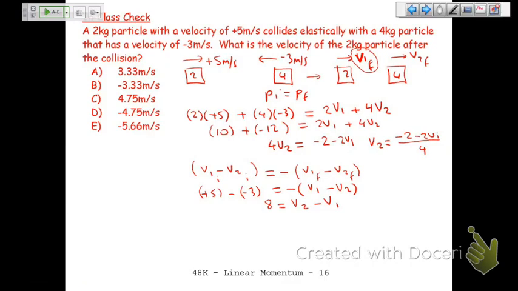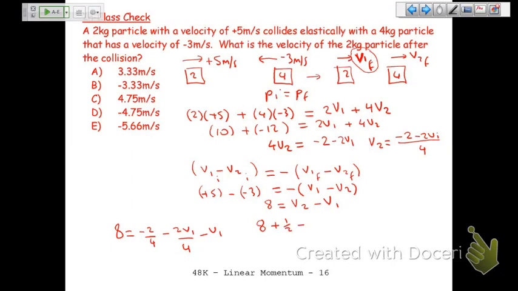I go, okay, so I have 8 is equal to, and I want to substitute in for V2, so it's minus 2 over 4 minus 2V1 over 4 minus V1. Okay. Let's have a look. So that's going to be 8 plus 1 half. Take that to the other side.